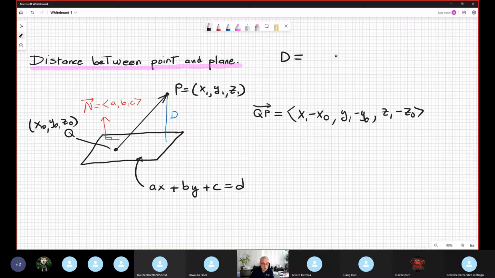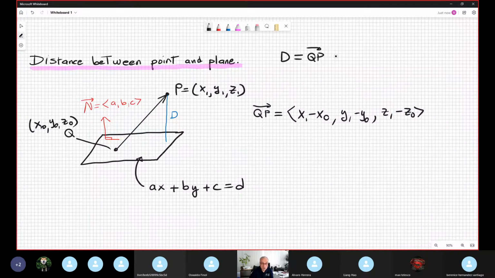What kind of projection? I suppose horizontal projection. Why horizontal projection? Because this segment that I put in blue color is parallel to the normal vector, the only vector we have. So you're projecting the QB vector in the direction of the normal vector, right? And that gives me the projection.